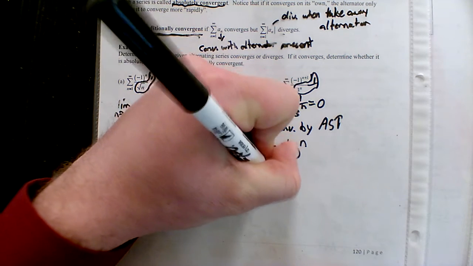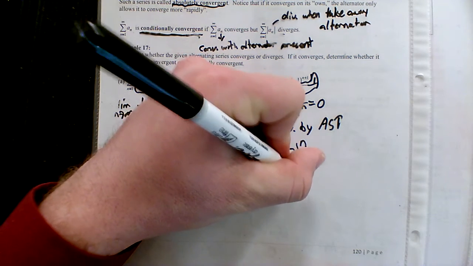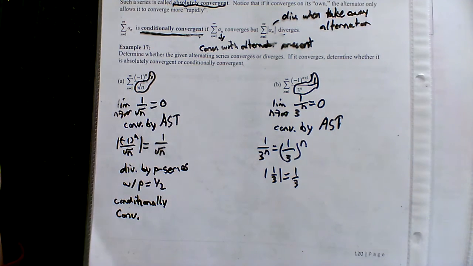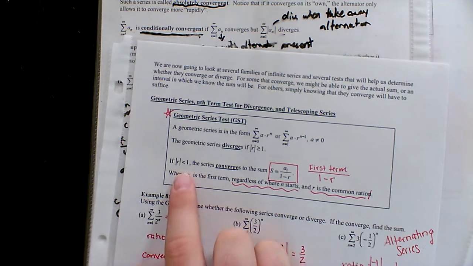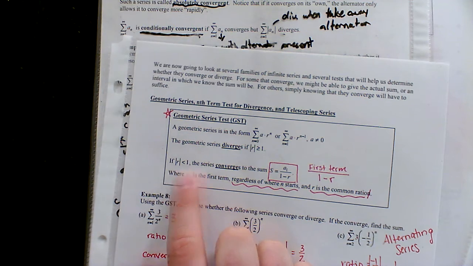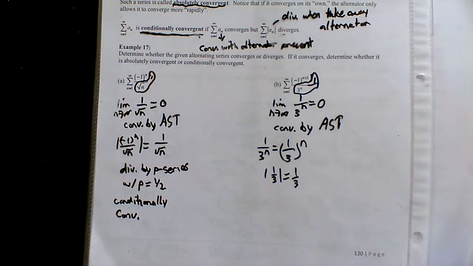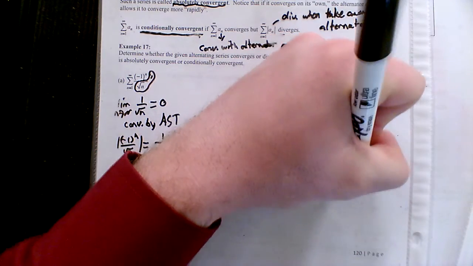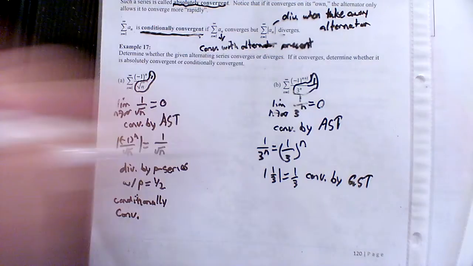Caitlin? The absolute value of r is less than 1, so it converges. Yeah, if the absolute value is less than 1, it converges. Okay, so we say it converges by the geometric series test.